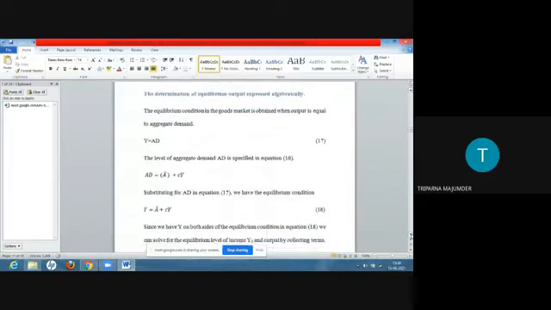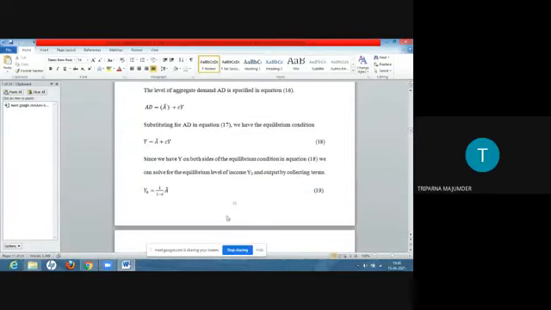Now we determine the equilibrium algebraically. Y is equal to AD, AD is equal to A bar plus CY, and we get the equation where Y0 is equal to 1 by 1 minus C times A bar.